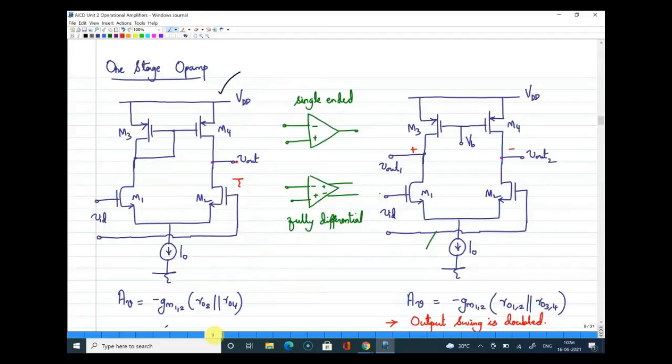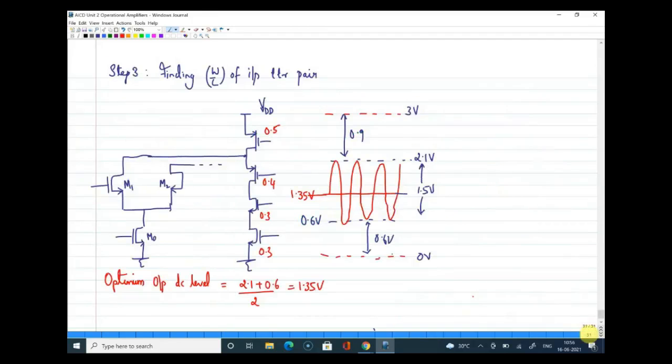So this is the input that we are applying. Vin will be applied here. And when I size M1 and M2, I need to also give a particular DC voltage to these 2 points, right? Sizing of M1 and M2 should be done in such a way that it satisfies the minimum input common mode level also.